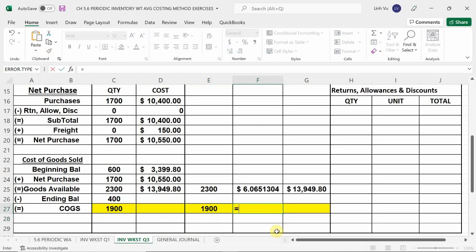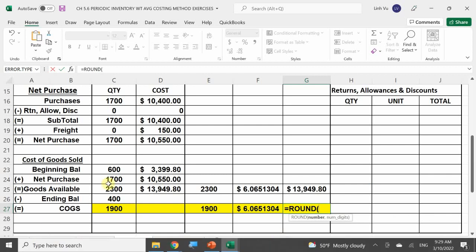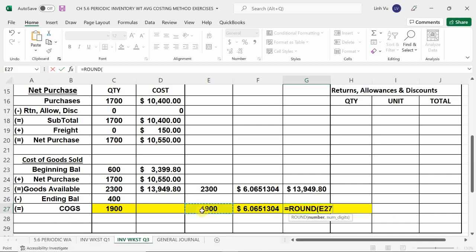1,900. Here is your average cost. So in this case, let's practice that formula again. Equal round. The formula I want to do is 1,900 times that 6.0651304, comma.